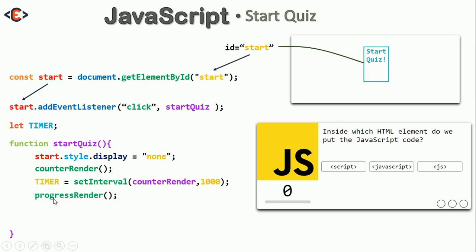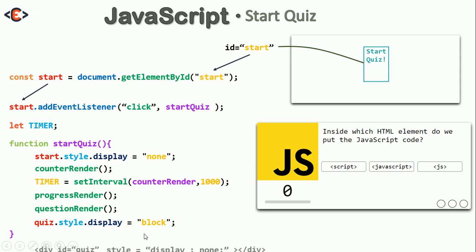After, we will render the progress, and then we will render our question, the image, the question, and the choices. And then the last thing, we have to display our quiz div, so we'll say quiz.style.display equals block, because if you remember, in our HTML code, we set the style of our quiz div to none.